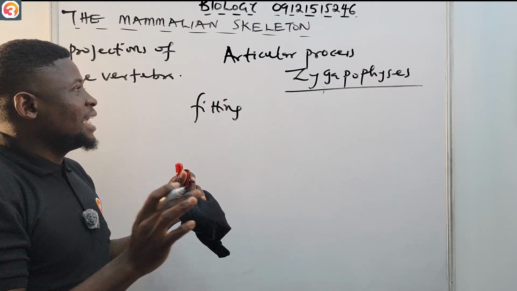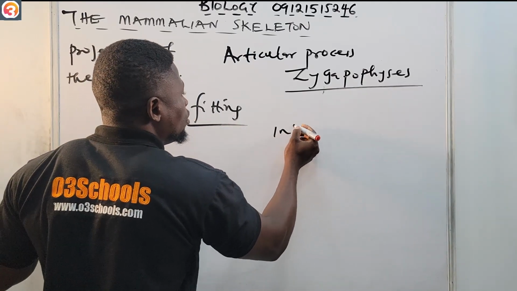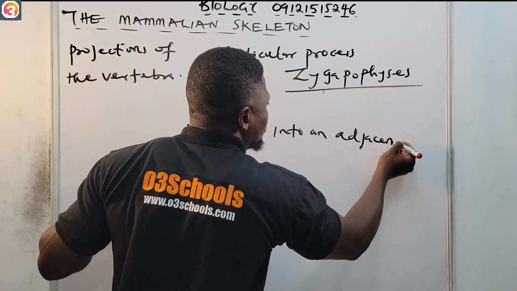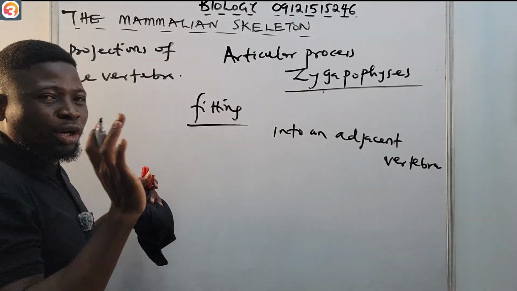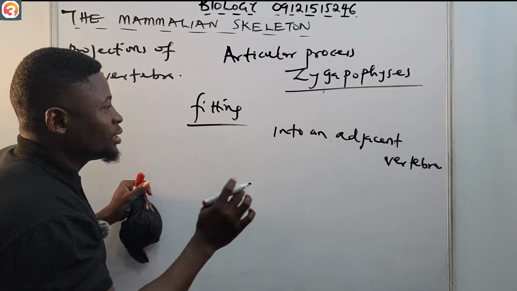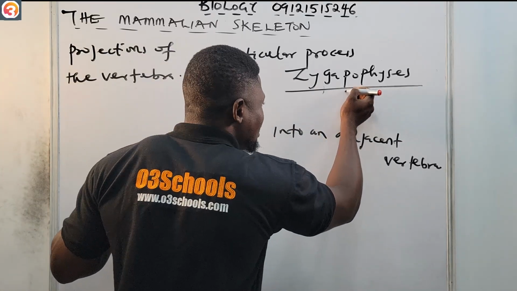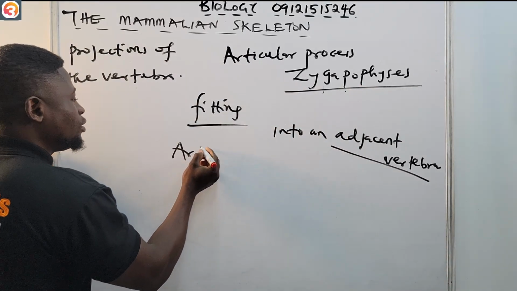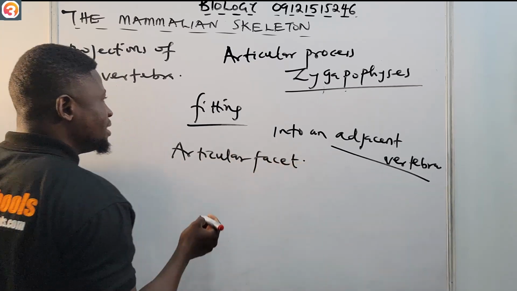Please take note of that. And the actual point of contact between this articular process and the adjacent vertebra is what we call the articular facet. Please take note of that.